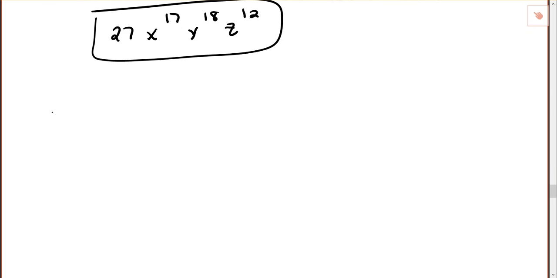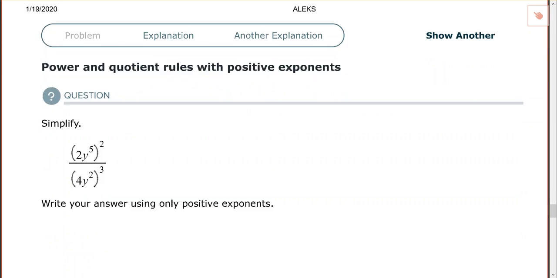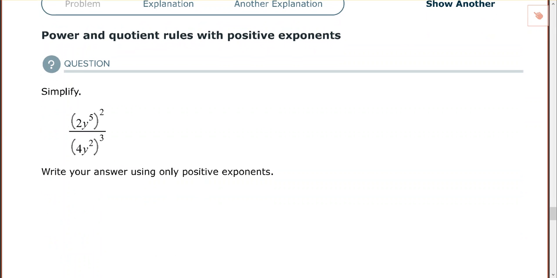All right, and then the final concept that we'll cover in this video is the power and quotient rules with positive exponents. So again, same concept, except we have a fraction here. Since I have the exponents outside the parentheses in the numerator and denominator, I cannot simplify the fraction before I apply the power rules.